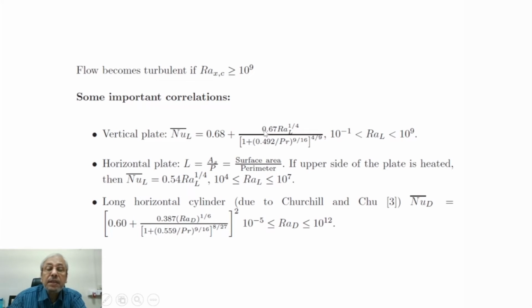These correlations can be used for practical applications when we come across similar or analogous flow situations.